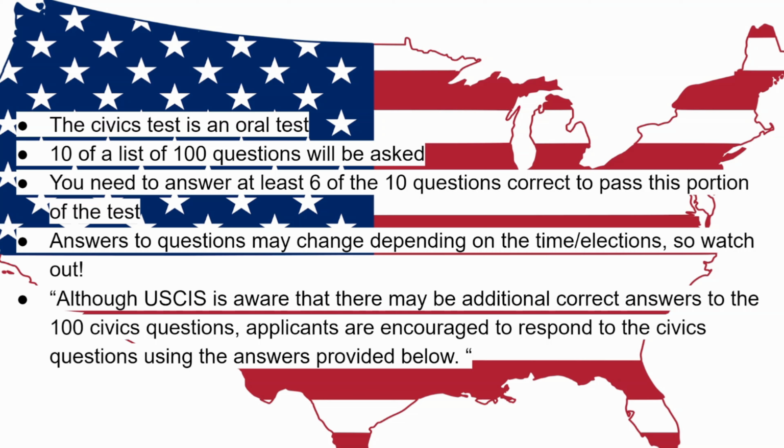So as I stated before, for each of these questions, there will be an official government answer that, if you answer with those answers, they are confirmed to be correct. And it says here that there could be other correct answers, but if you want to be safe, I would just go with the government answers, unless you are completely sure that your answer is correct.